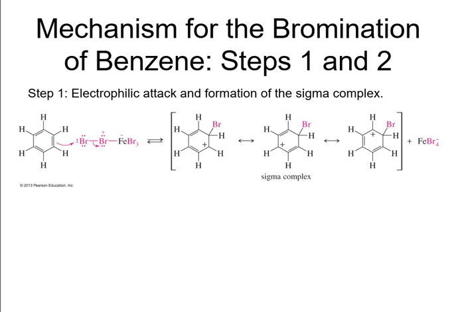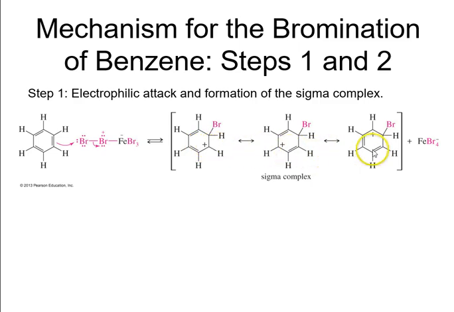Once your bromine is activated, the activation energy is not so high, and you now can break up your aromatic compound. The pi bond now attacks the bromine, breaks off your catalyst as FeBr4 with a negative charge, to form your sigma complex.